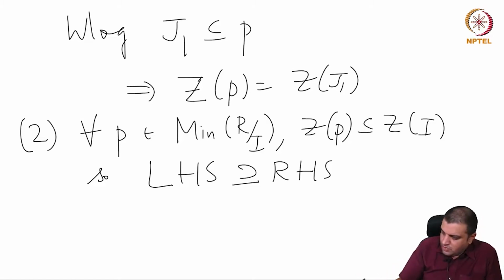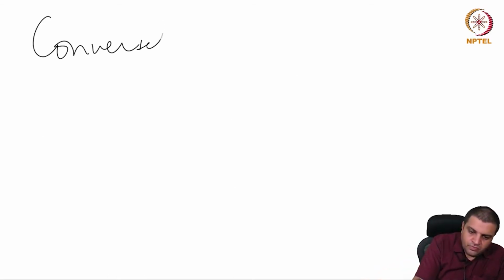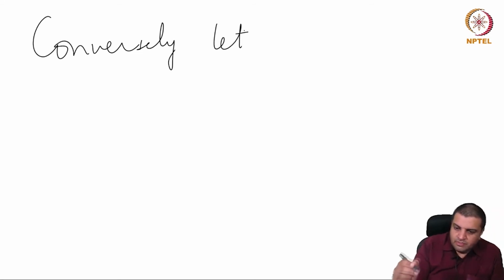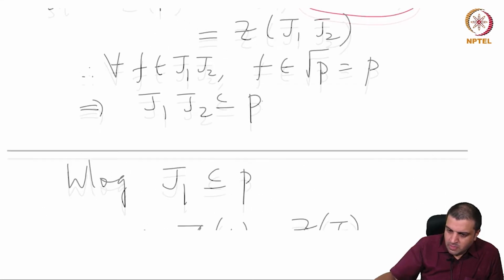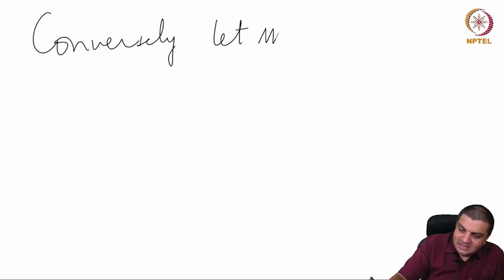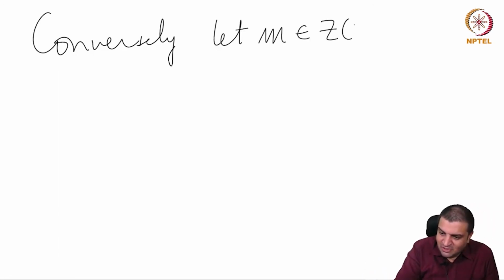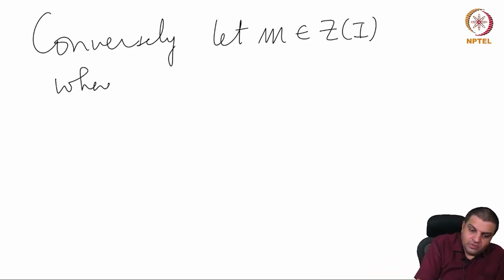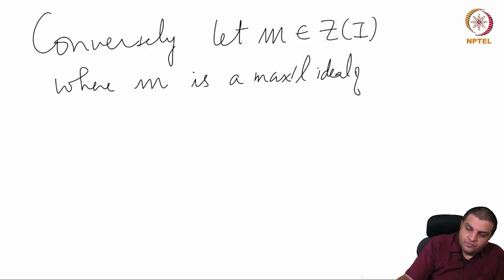now we need to show that every point in Z of I is inside Z of P for some P. So conversely, let M be in Z of I, where M is a maximal ideal of R. Here again it's an abuse of notation.